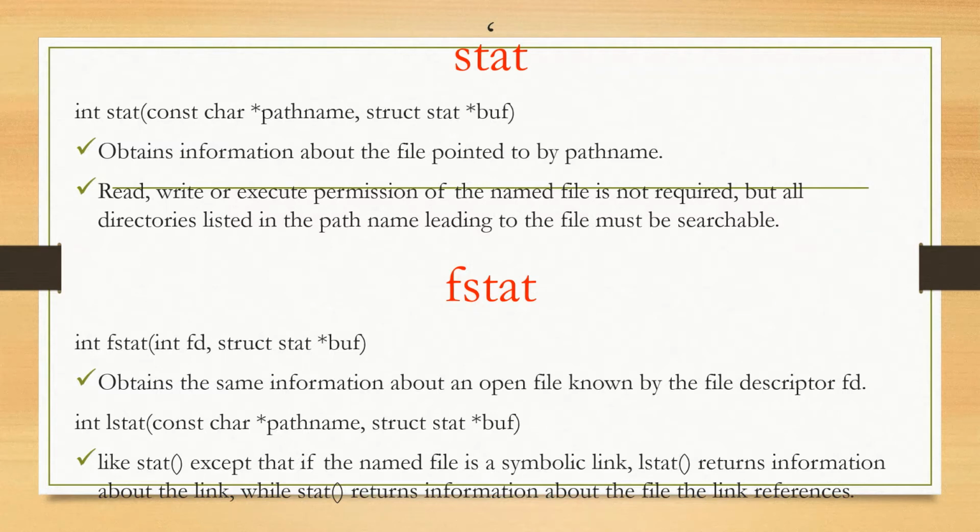Then int lstat contains a constant character value and also a structure variable buf, that is, a buffer. It is like stat, except that if the named file is a symbolic link, the lstat function returns information about the link, while stat returns information about the file the link references.